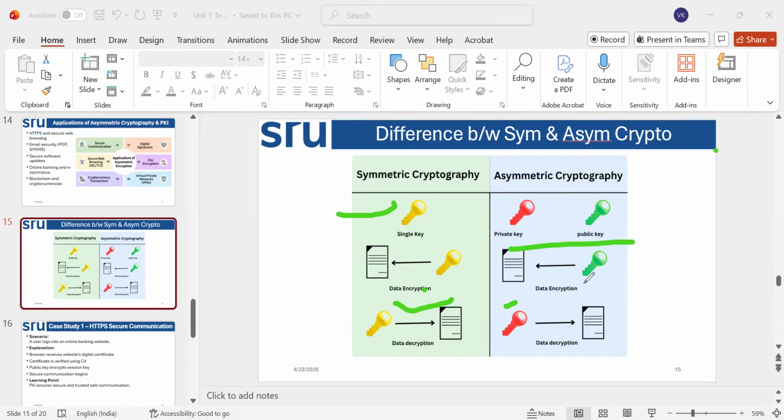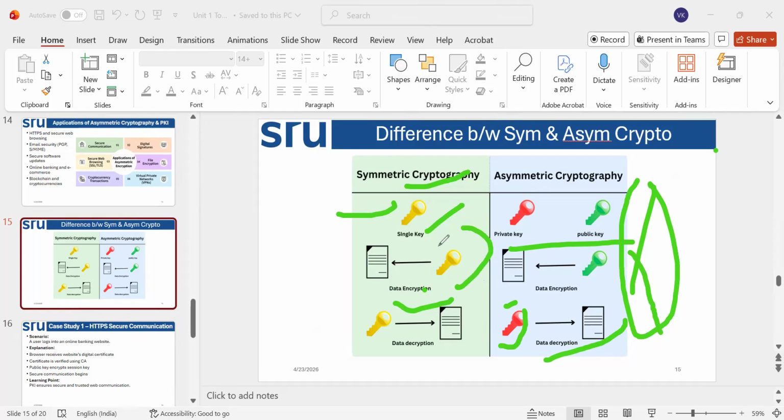In asymmetric cryptography there is a private key and a public key: one key is used for encryption and a different key is used for decryption. Like that it works. I hope you understand.